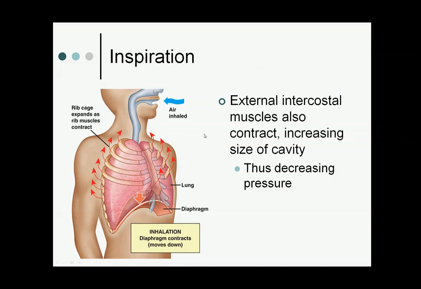There are also intercostal muscles, which we saw a long time ago in the muscle unit, between the ribs that are contracting. The diaphragm is contracting. All this is causing a decrease in pressure, and if you decrease the pressure, it's going to cause air to come in, fill up all the space as much as possible to increase the chances of oxygen coming in and getting to the tissues.